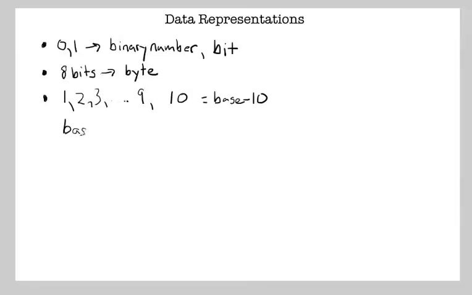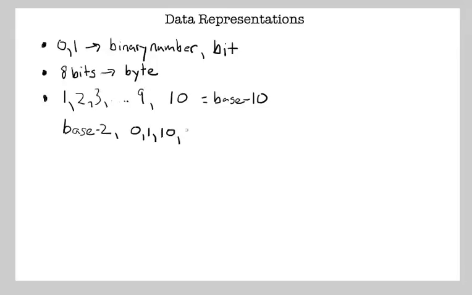So in base 2, you start counting 0, 1, and then 2, that digit does not exist anymore. So now you have to use another digit together. So this is the 2's place and the 1's place.